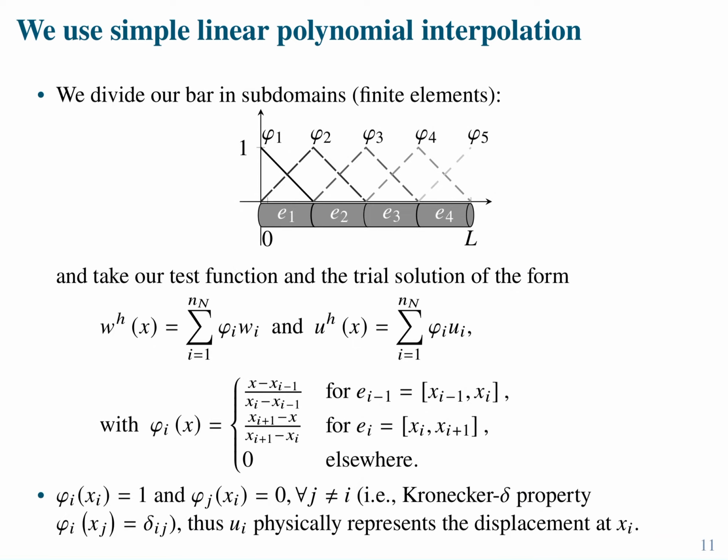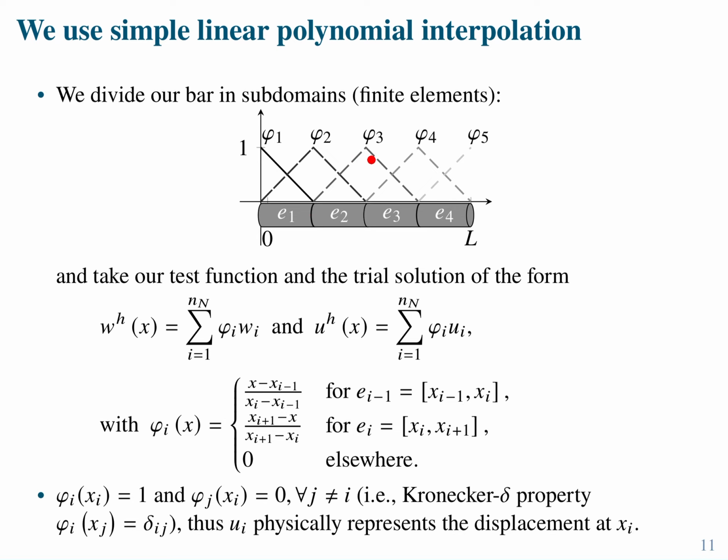The Kronecker delta property is basically that the function phi_i evaluated at nodes x_j is equal to the Kronecker delta. That's why it's called the Kronecker delta property. That basically means that if I take function phi 3, the function is going to be equal to 1 there, and it's going to be equal to 0 at every other node.